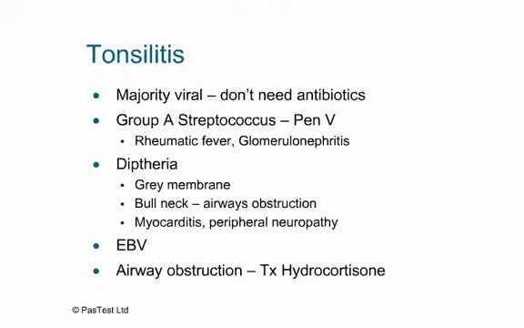The greatest danger with Epstein-Barr virus is airway obstruction, and this should be treated with hydrocortisone to damp down the inflammation. Just remember, Epstein-Barr virus can be really quite a protracted, prolonged illness as well.